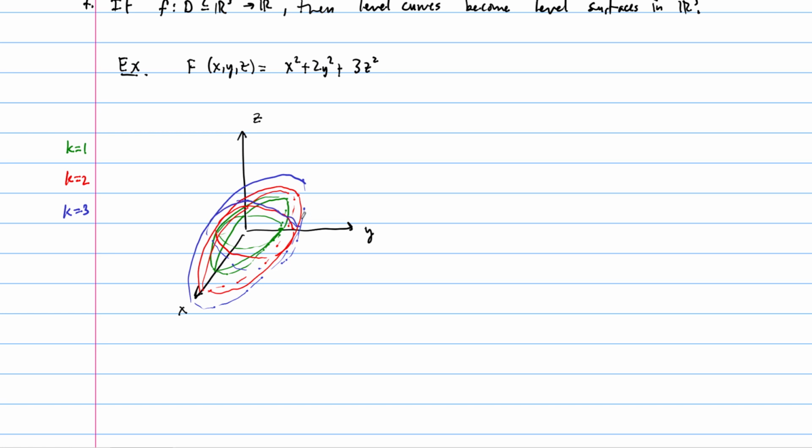And again, it's hard to see exactly what's happening, but the whole idea here is that these are equations of ellipsoids, and so you end up with nested ellipsoids for this example.